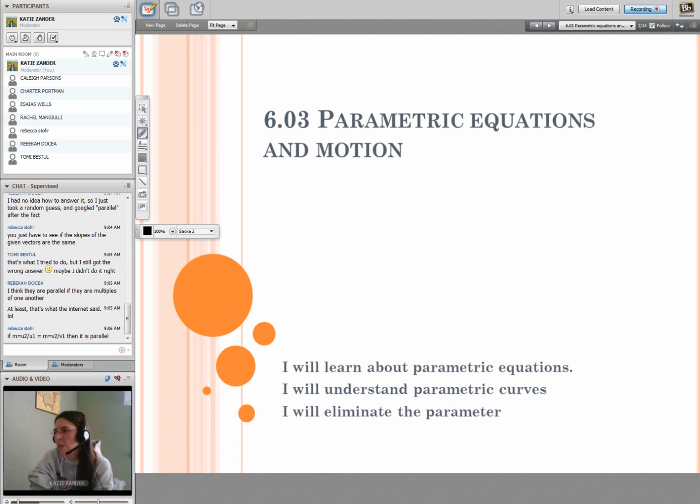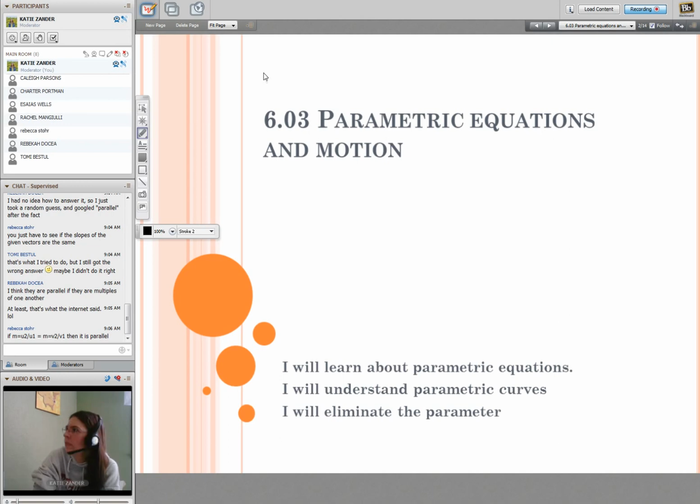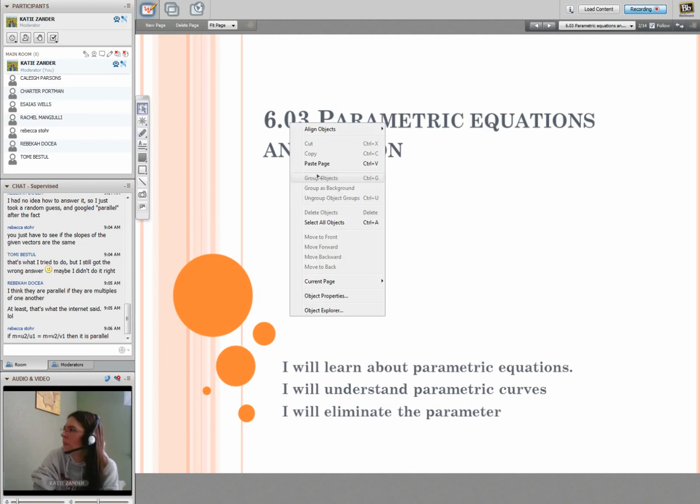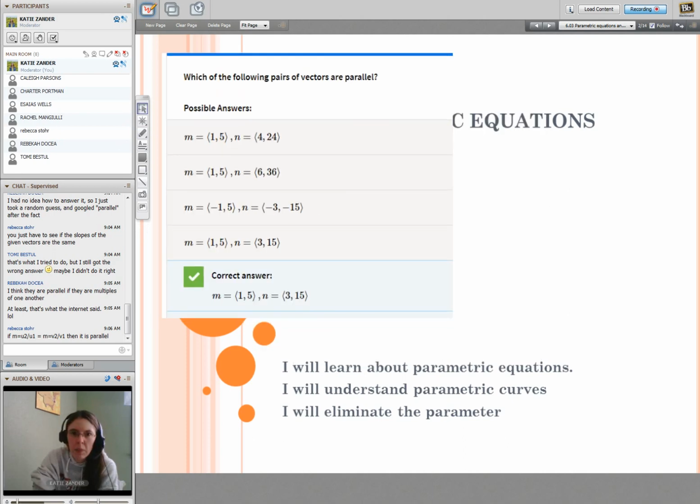My computer's just really slow. Sorry, guys. Okay. I didn't realize that we threw parallel out there without talking about it, because I wasn't really aware of how to find those either. I knew the perpendicular because those are your orthogonal.